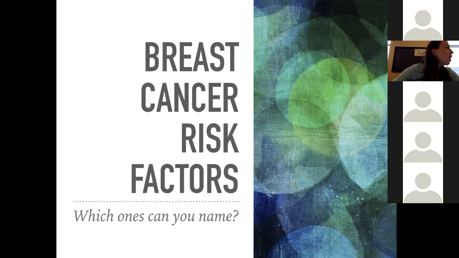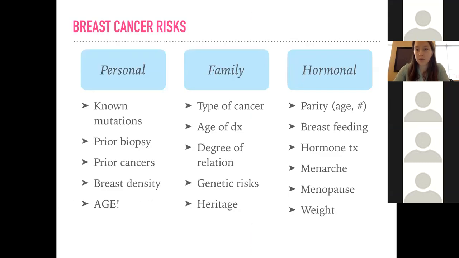That's great. Parity, so how many kids people have had, prior biopsies. I see age, menarche, and then estrogen exposure. Okay, great. All of those things are super important to consider, and we can talk through a few of them in detail, but those are all some of the things that we would think about.